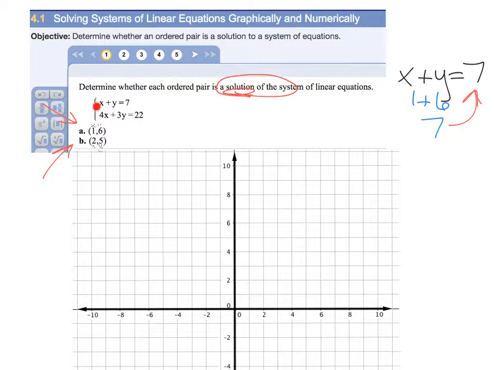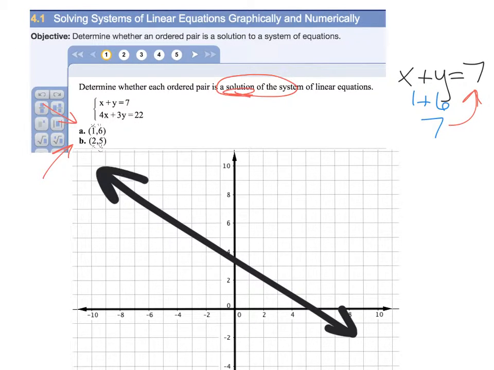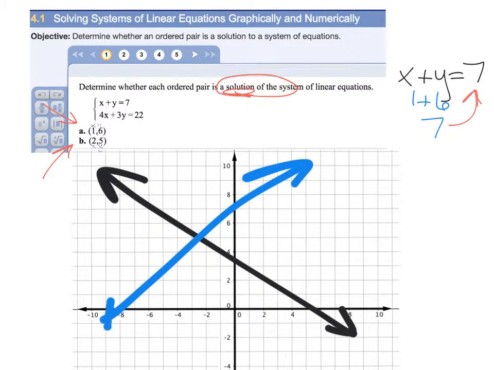Remember, these represent lines on the graph. For example, you can imagine x plus y might represent some line going like this. And imagine that 4x plus 3y equals 22 represents another line going like this.